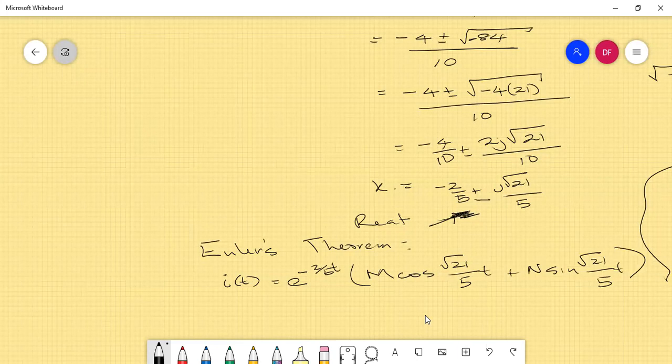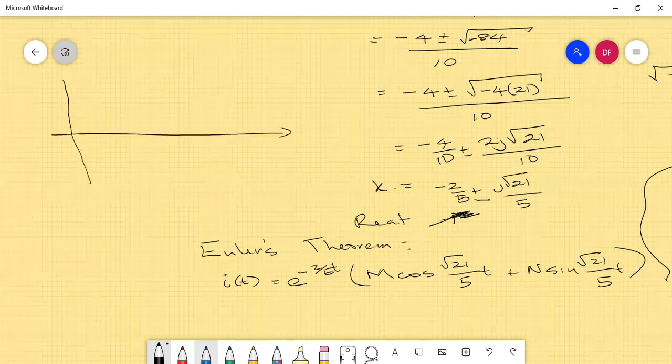And it makes sense from an electrical point of view in this particular problem. Let me draw it up here. Pretend that that's a straight line.